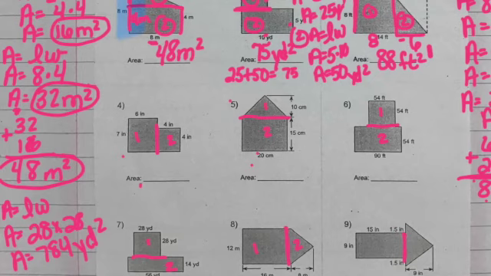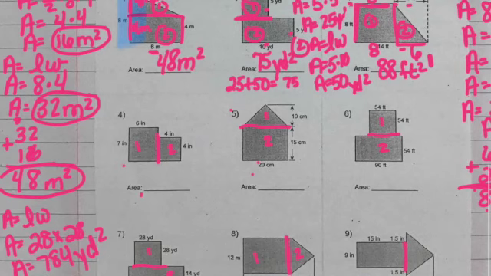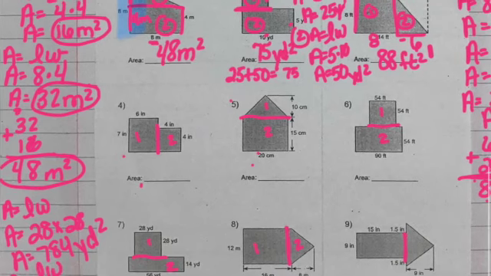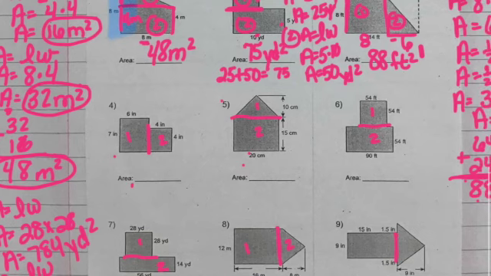That is 28, isn't it? Yeah. And then area equals length times width. Area equals 56 times 14, which is 784.